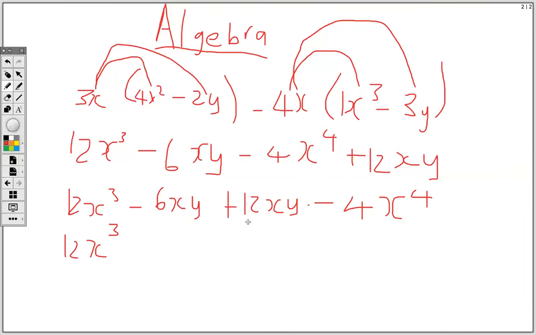Signs are different, so we subtract. Keep the sign of the bigger number. So 12 take away 6. I'm left with 6. But this is the bigger number and it's positive. So I have positive 6xy minus 4x to the fourth.